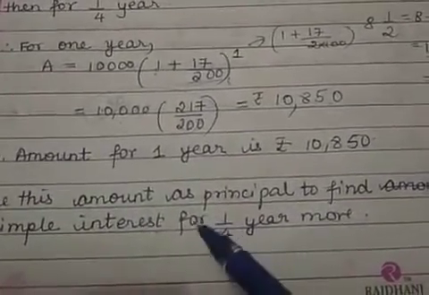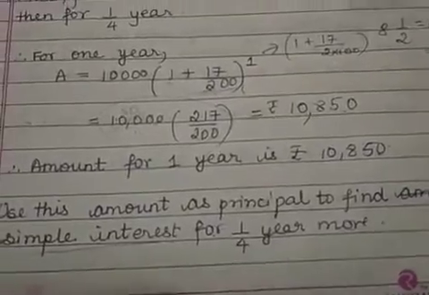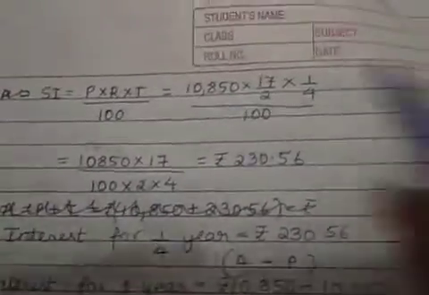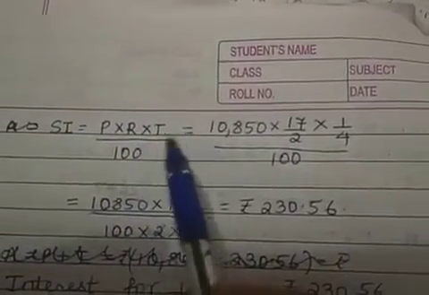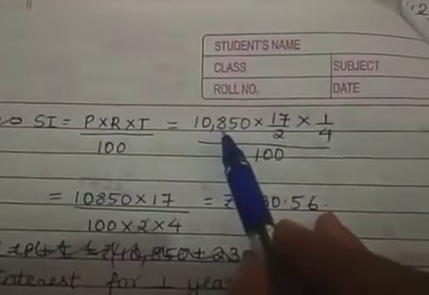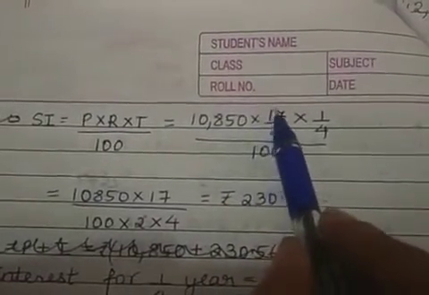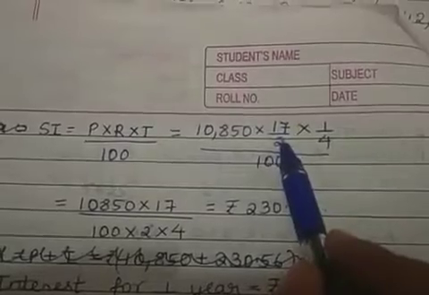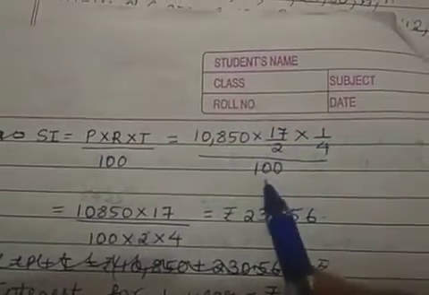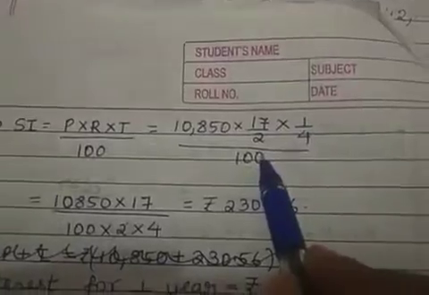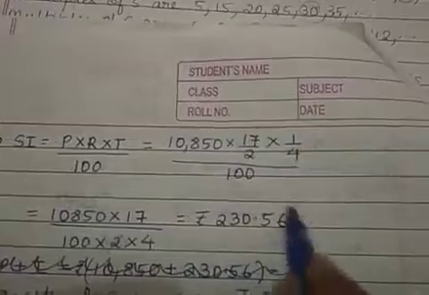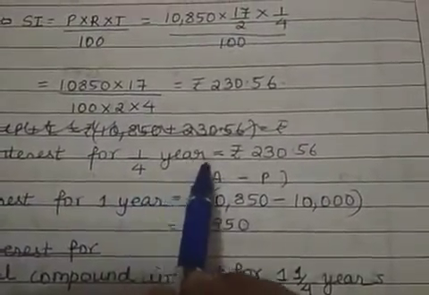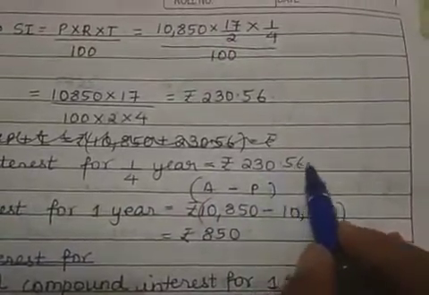The simple interest formula is PRT upon 100, where the principal amount is 10,850 multiplied by rate of interest 17 upon 2 into time 1/4, upon the whole 100. On calculating, you get the interest as 230.56. So the interest for 1/4 year is rupees 230.56.